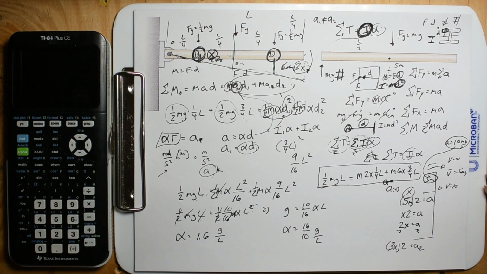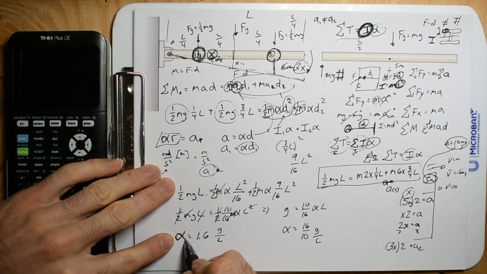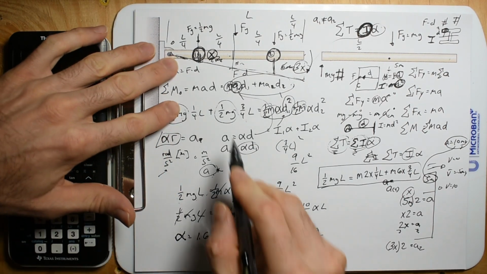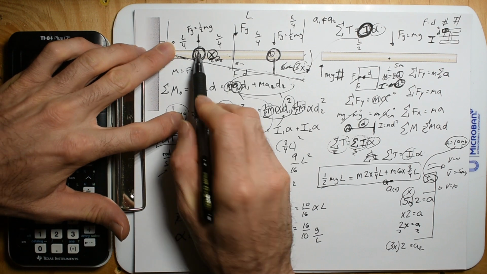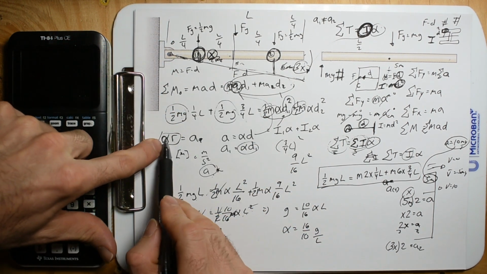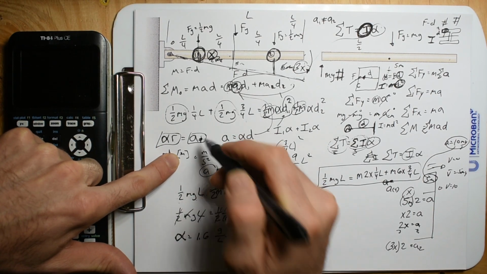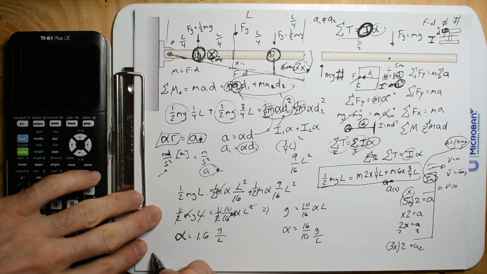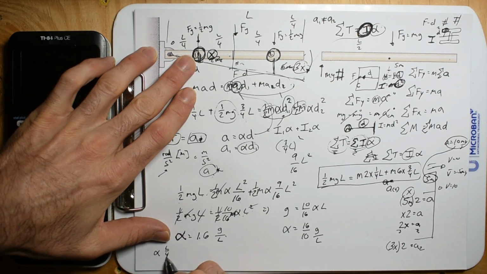Alright, sweet. Let's use this term, because if this is my angular acceleration, maybe I wanted to find the acceleration at this L divided by 4. And what do we know about angular acceleration? Angular acceleration times the distance is just the acceleration at that point. So I want angular acceleration times L divided by 4.